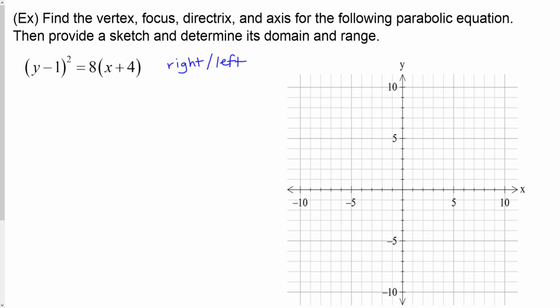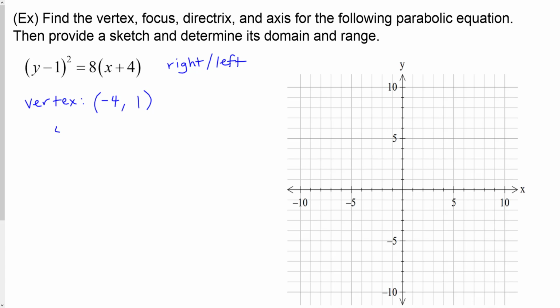Now, the vertex is easily identified in this form. The x-coordinate here is -4. Just be careful because the x-coordinate of the vertex comes after the equal sign this time, but it goes with the x value. And +1.